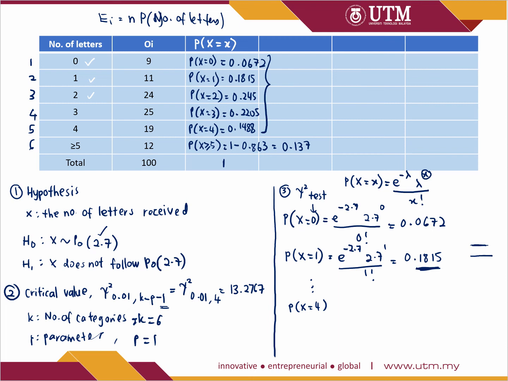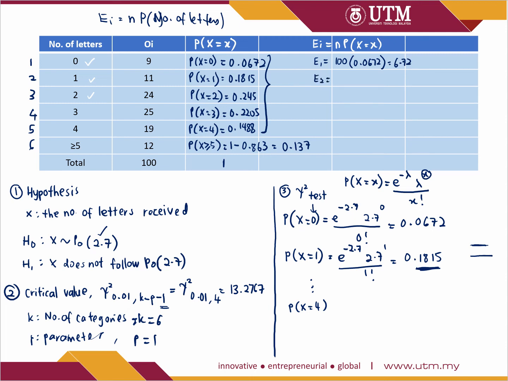Okay, so now we have found the value of the probability. So next we can find the value of the expected frequencies, given that the expected frequency is n times P of X equals x. So for the first category, the total is 100 times 0.0672, which is 6.72.